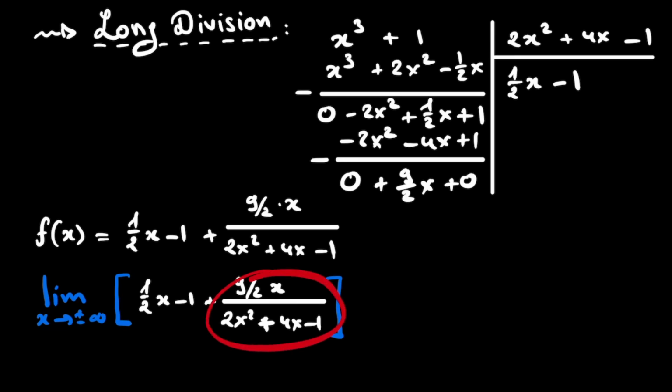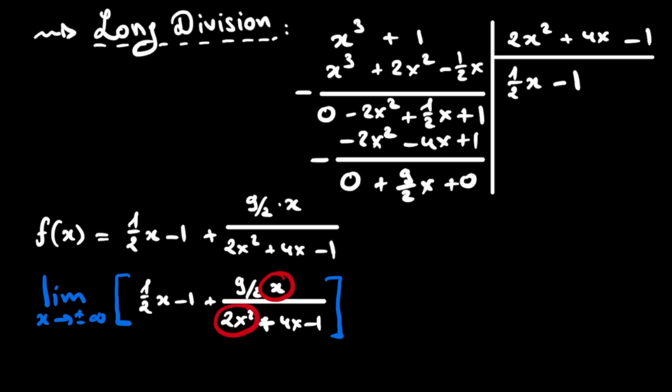This term here now becomes one step more tricky because we have an x in the numerator and we have x's in the denominator. So when x becomes very, very large, we know from our knowledge of limits of rational functions that we need to look at the highest power of x. In the numerator, this is simply 1, x to the power of 1, and in the denominator, this is x squared.